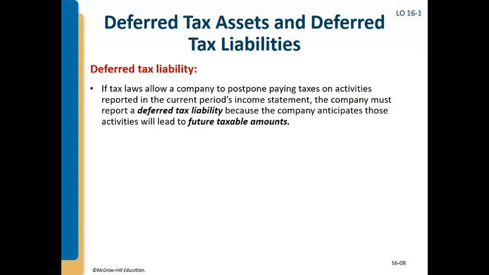All right, so now we're going to look at deferred tax assets and deferred tax liabilities. A deferred tax liability occurs because you postpone paying taxes on activities reported in the current period's income statement, and you must report a deferred tax liability because the company anticipates those activities will lead to future taxable amounts.